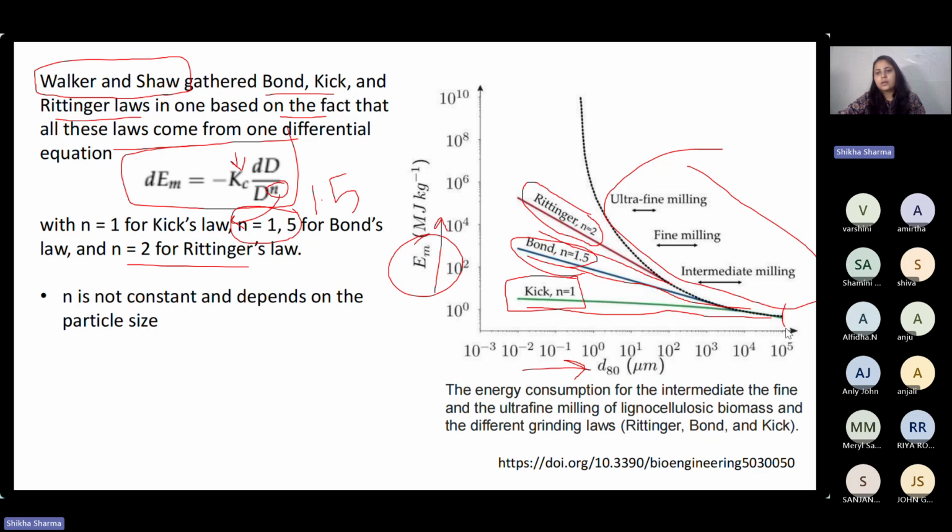Initially the size is coarser here, and here the size is finer, smaller.